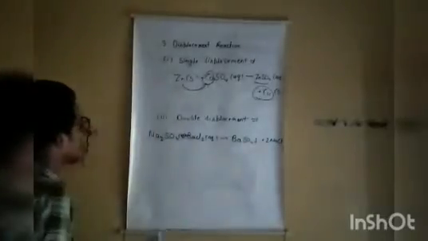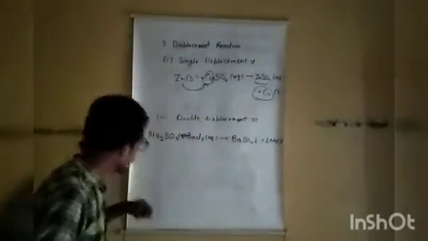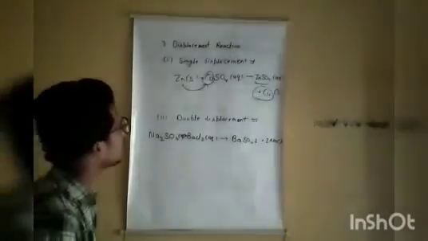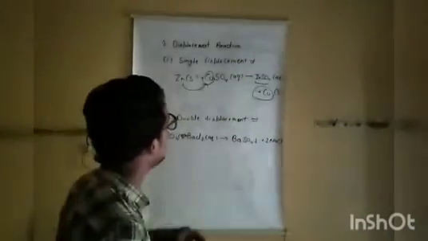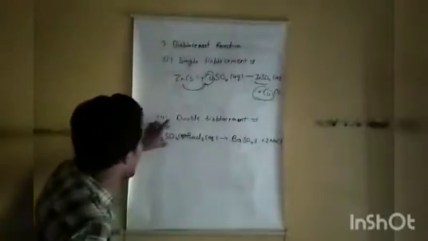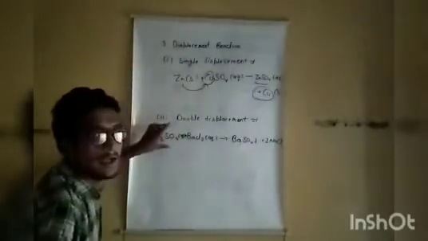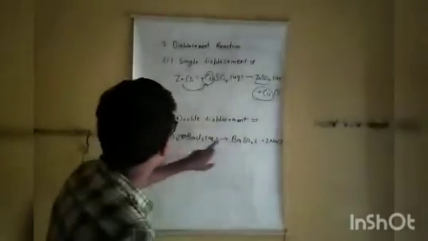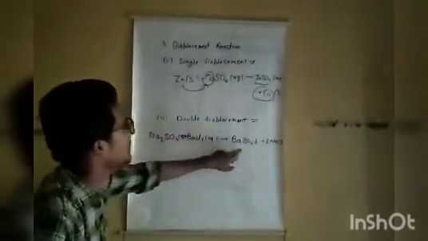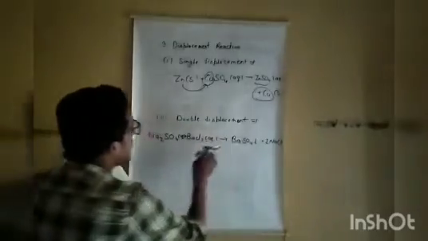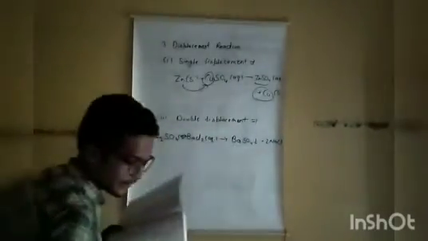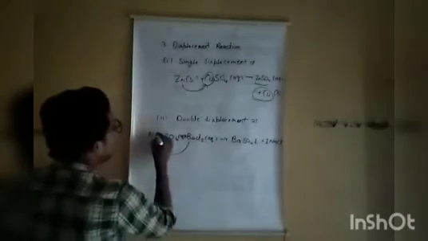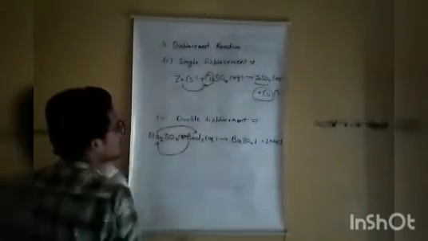In this reaction, two different elements take the place of two other elements. SO4 is taking the place of Cl, Ba has taken the place of Na, and Na has taken the place of Ba.